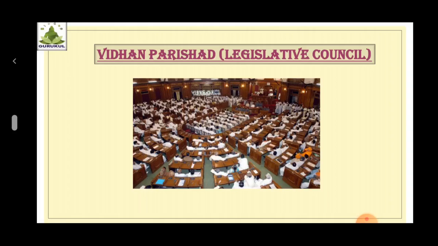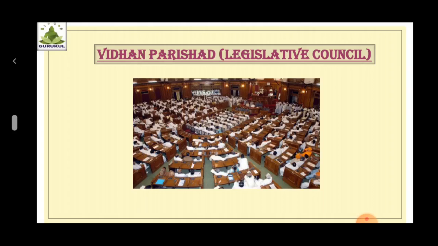Of this, some members who are distinguished personalities from the fields of literature, science and social service are nominated by the Governor. Remaining representatives are elected by the members of Vidhan Sabha, local government institutions, teacher constituencies and graduate constituencies.